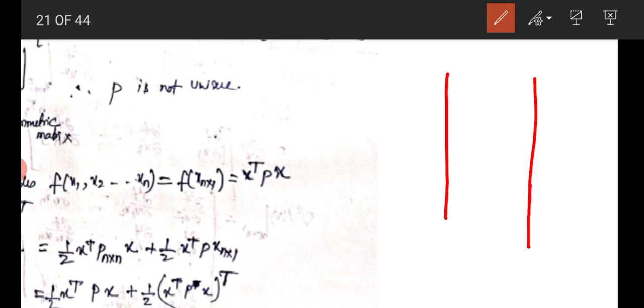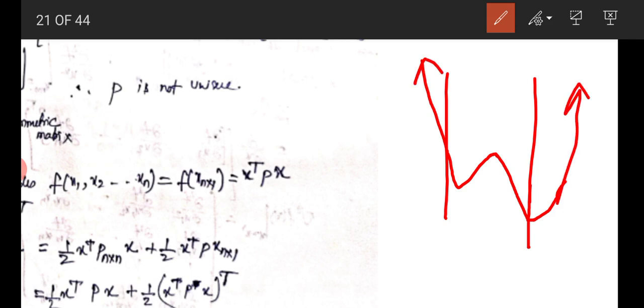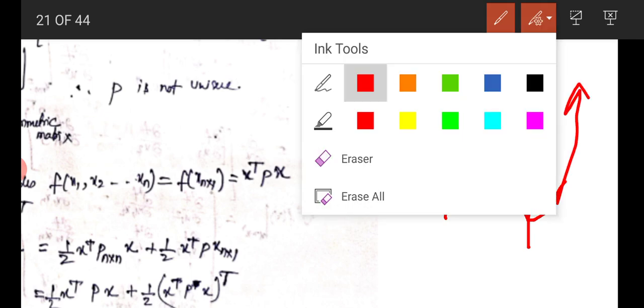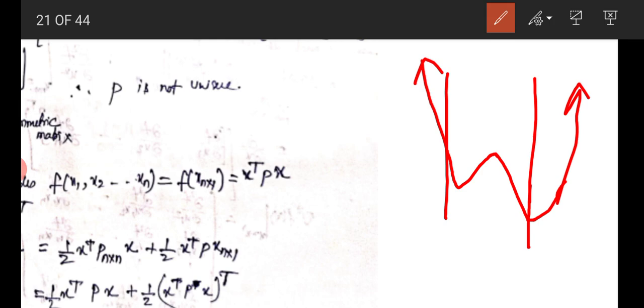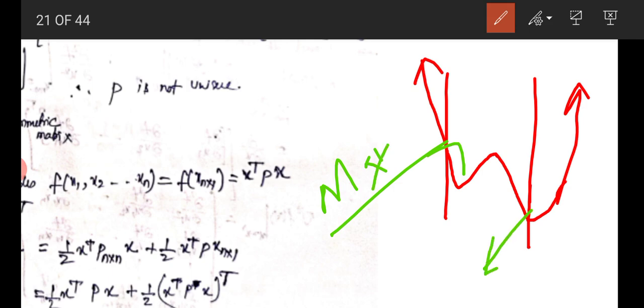Now from this case you can say the boundary is the maximum. The maxima and the minima are found only at the boundary in this non-linear condition.